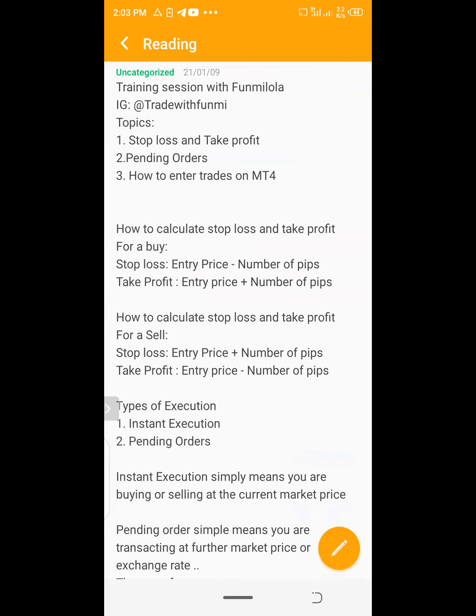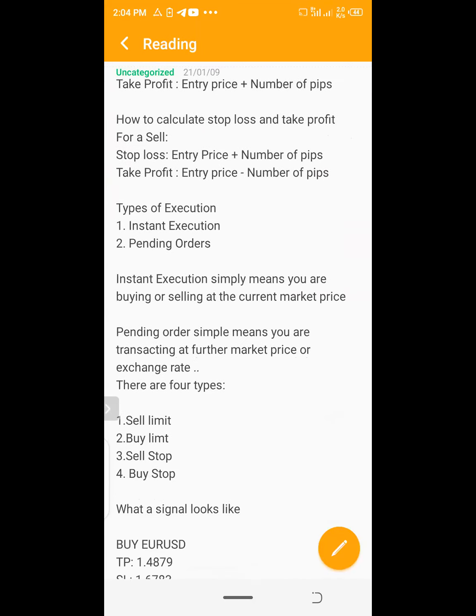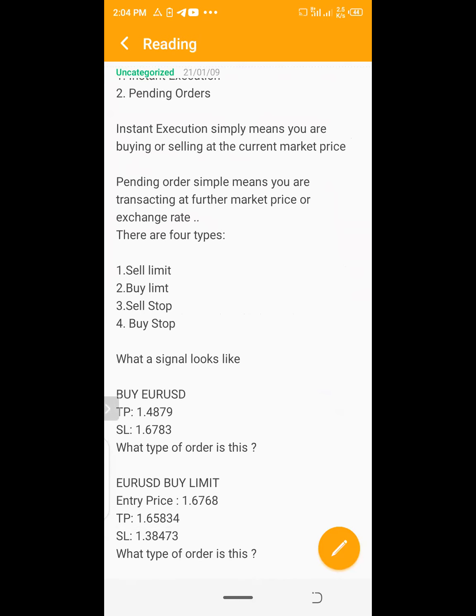Now look at what I have on my screen. As you can see, buy Euro USD TP 1.487, stop loss 1.678. And then another one: Euro USD buy limit, entry price, and so on.